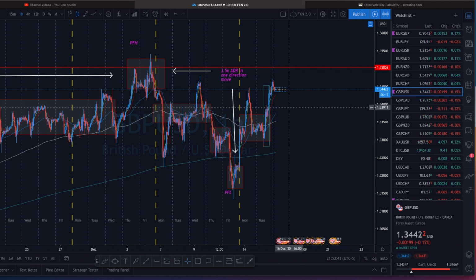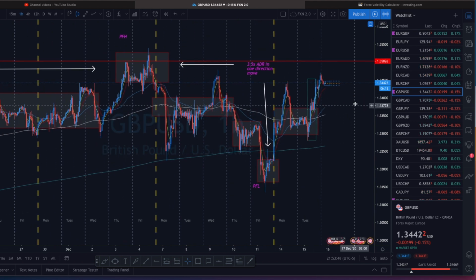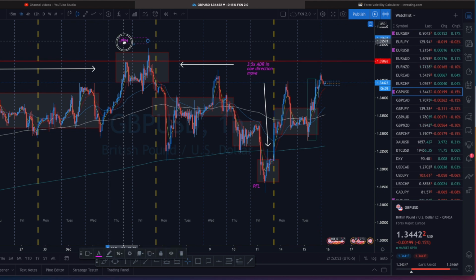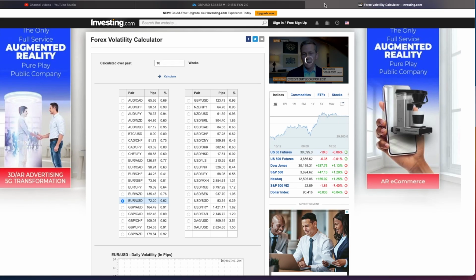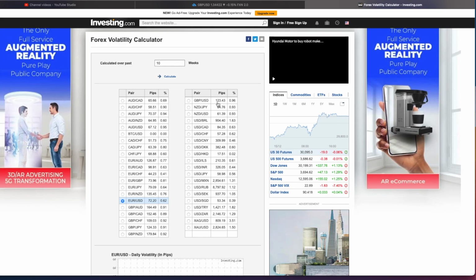And I started to realize and think about what my analysis was saying is, if we had a peak formation high here, how can I change this to where it would make logical sense to me, right? So the first thing I did is, what is the average daily range, right, of pound USD?